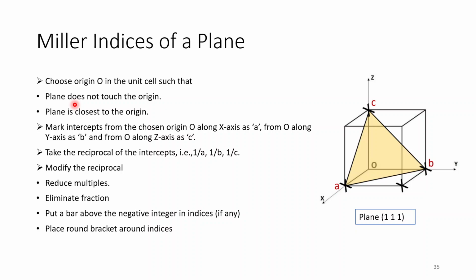So you take the reciprocal of the intercepts, 1 upon a, 1 upon b, 1 upon c, and you modify the reciprocals so you make them whole numbers. So you reduce the multiples, you eliminate fractions, and you put a bar above the negative integer in indices if there is any. And then you place round brackets around the indices. So this is one type of plane.